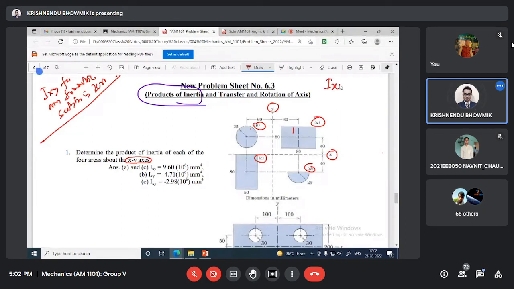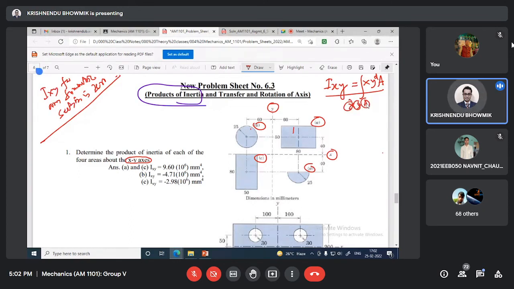So what is IXY? We know this is xy multiplied by dA. That is the integration form, which I have not shown here, but you can have this one, no problem. Simply I am writing xyA, these terms multiplied.